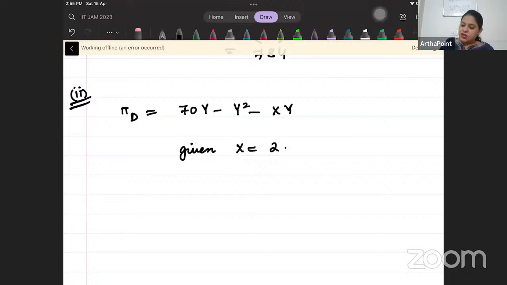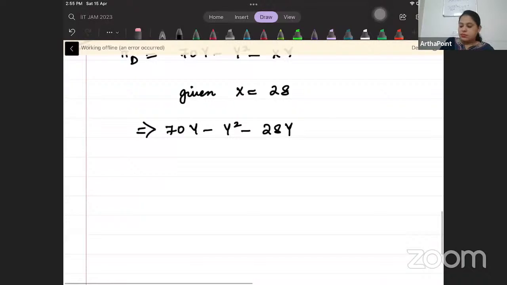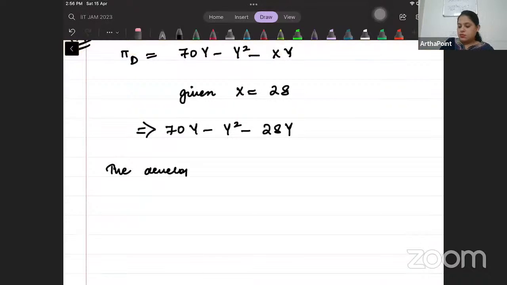So this is going to be 70y minus y square minus 28y. Now the developer will maximize his own profit.